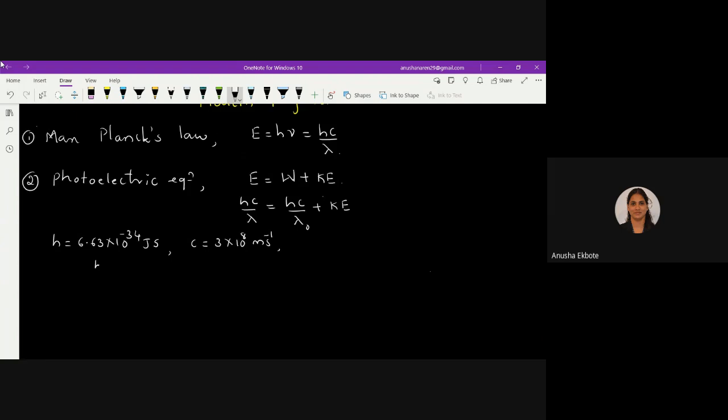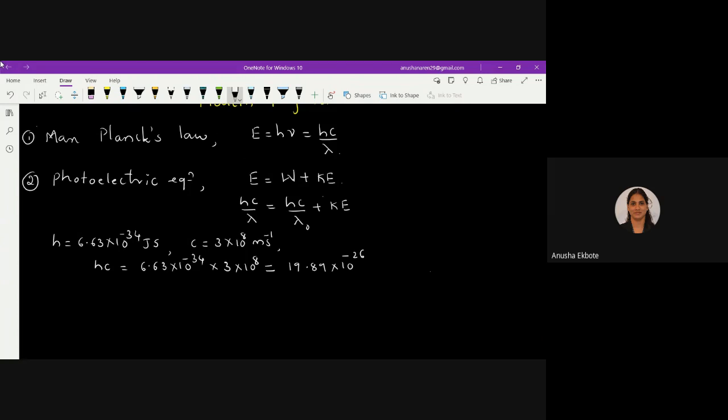Let us find the product of this, that is 6.63 into 10 raised to minus 34 into 3 into 10 raised to 8. When you multiply, it comes to 19.89 into 10 raised to minus 26 joules.